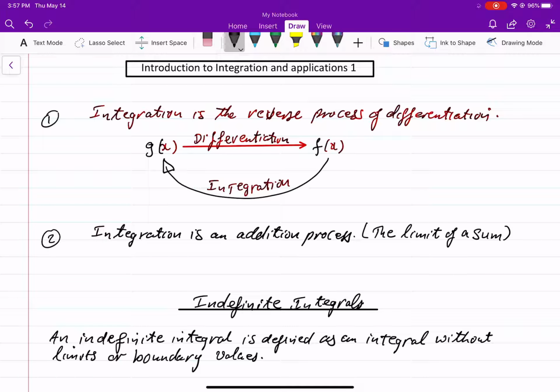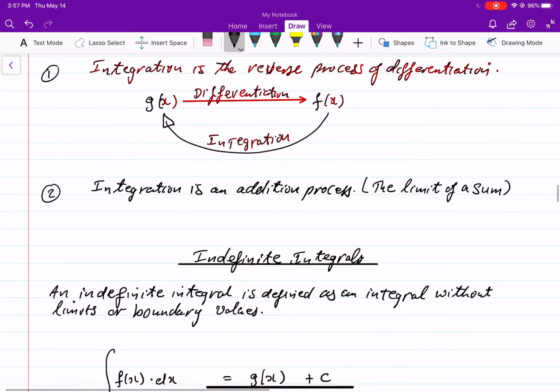It'll make more sense to the people who are doing the Pure Math Unit 1, because y'all did a bunch of work on limits. And I'll talk more about this limit of the sum idea in the videos that will be exclusively for you, the Pure Math Unit 1 group. All right, so those are the 2 ways to think of integration.